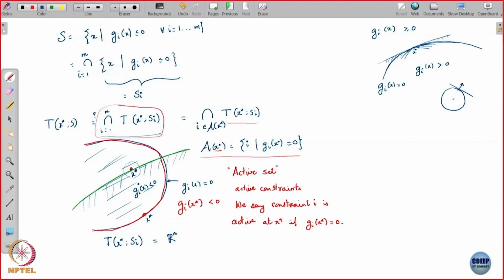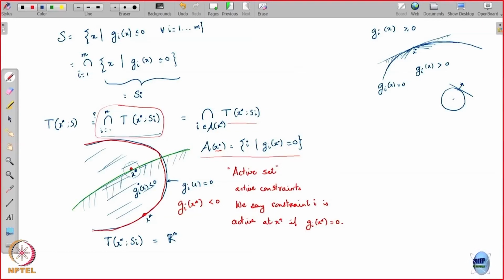The gradient is going to be a normal. Look at the normal direction, which should be in the direction of increase of the function. That is where the gradient will point, and perpendicular to that would be my tangent.